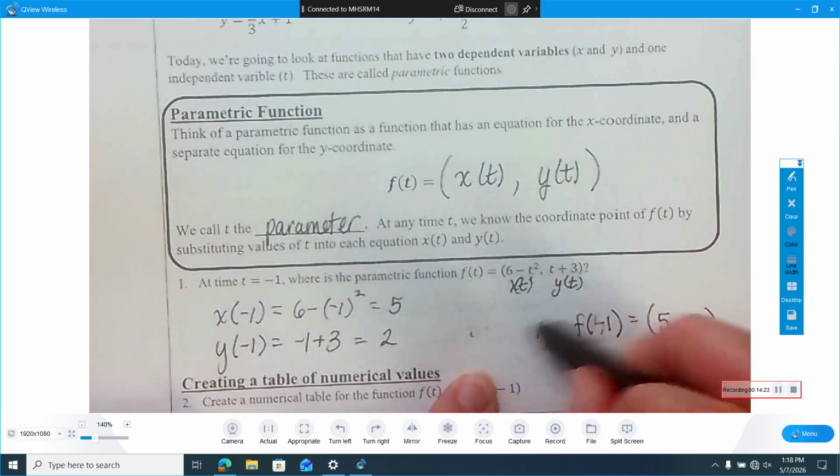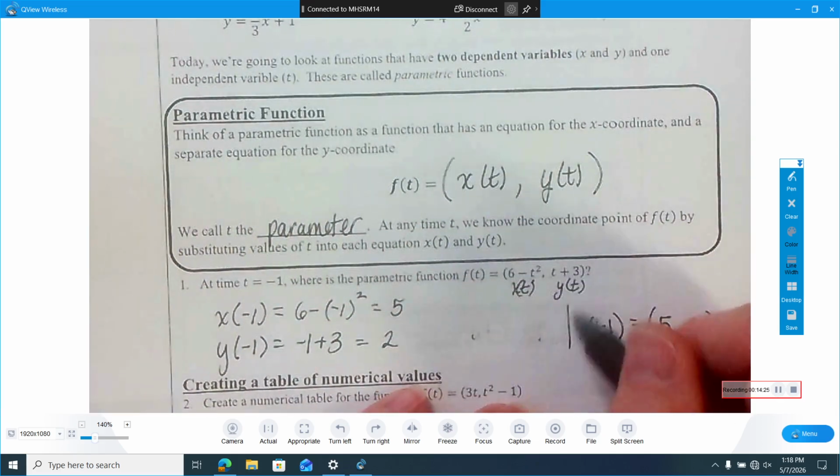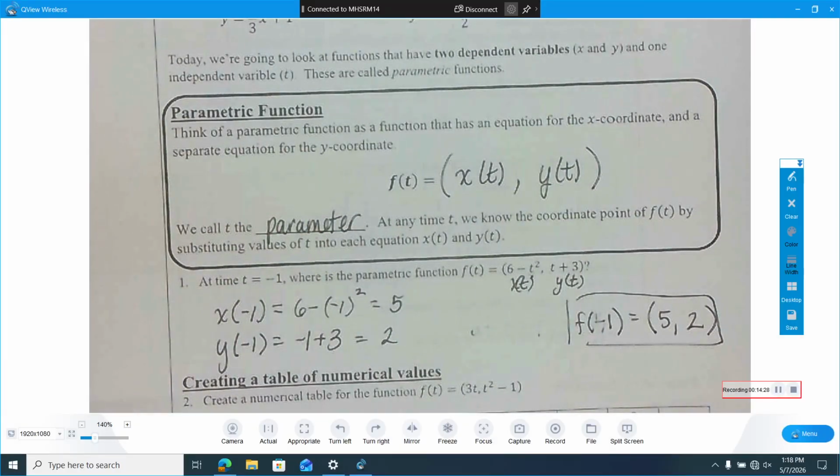I don't need to write at t equals -1, it's redundant. So that is the position where the curve is at -1 for time. So that's easy, just plug your stuff in. All right, good.